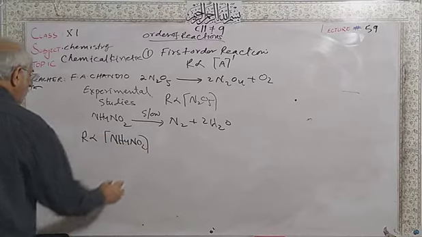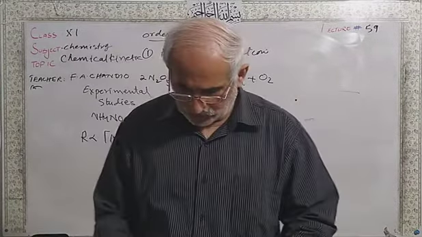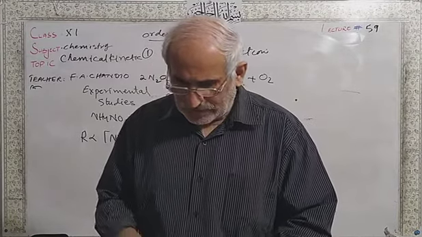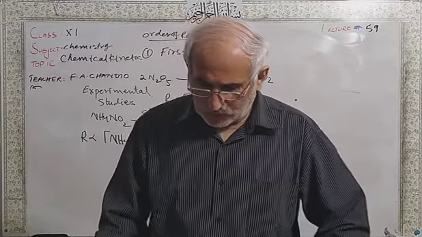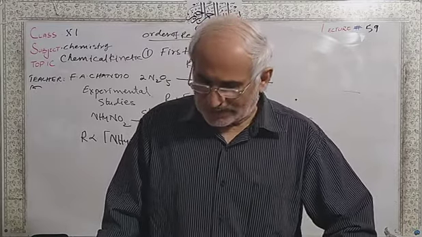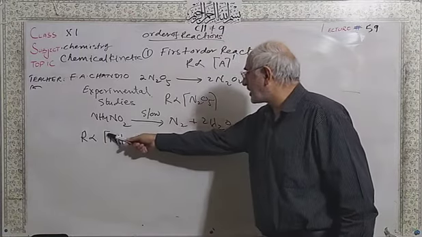It means this chemical reaction completes in the first step, and it shows the rate law here. So this is a first order reaction, whose rate of reaction is directly proportional to the first power of the concentration of a single reactant.